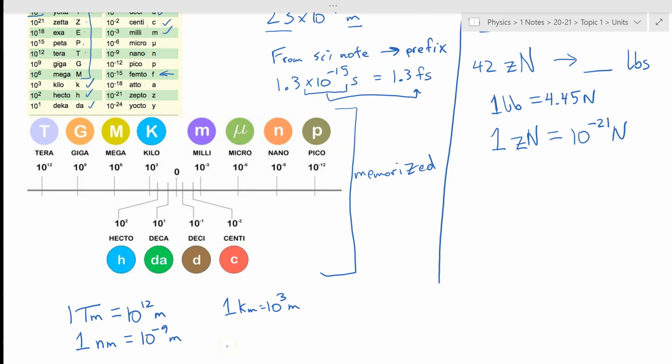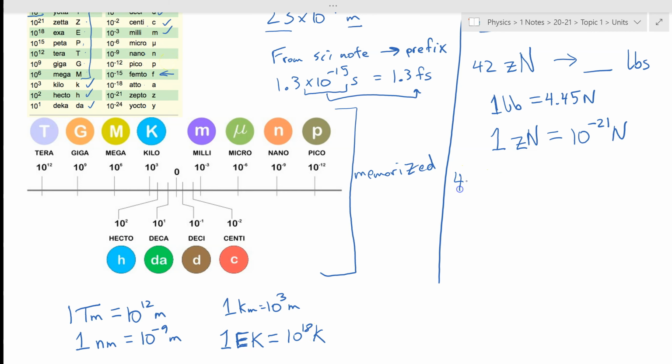That one you might just remember. 1 exameter, and I just keep using meter. You know, these prefixes can go on any unit. They don't just go on meter. 1, let's say, exakelvin. So that's a lot of temperature. 1 exakelvin equals 10 to the 18 Kelvin.